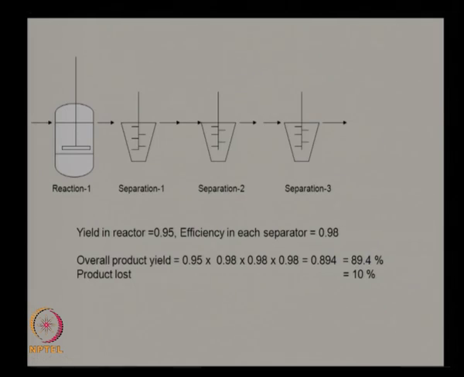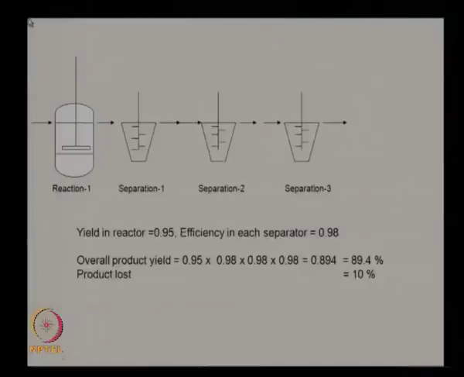Now let us go further. Imagine I have a fermenter or a bioreactor here, and I am using 3 different separation steps. I am doing some separation in separator 1, then some other separation in separator 2, and then another separation in separator 3, and each one of these separators has a certain efficiency. It cannot be 100%, it can be 98, 95, 90 and so on, it will never be 100% efficient.